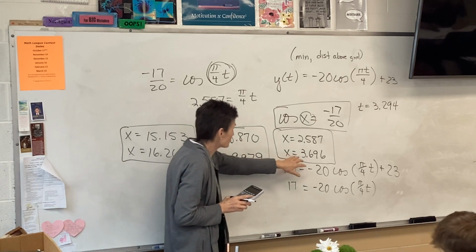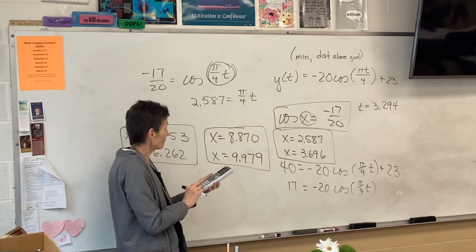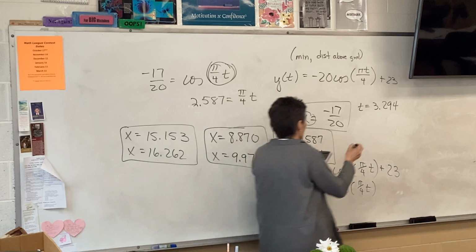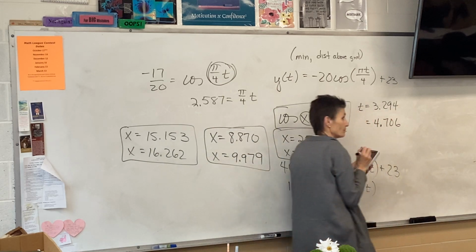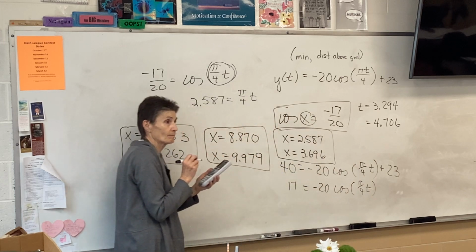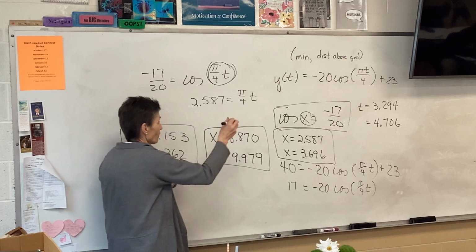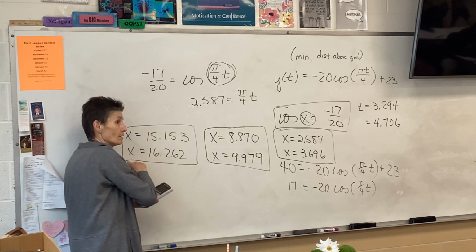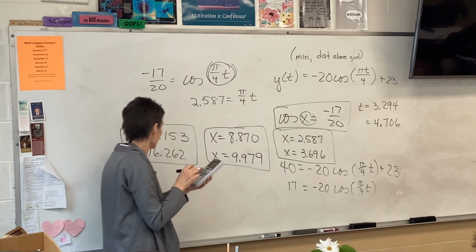Well, it would be this one times 4 divided by pi. I got 4.706. And I'm going to keep doing this for all of these answers, right? And that should be the answer to my question.